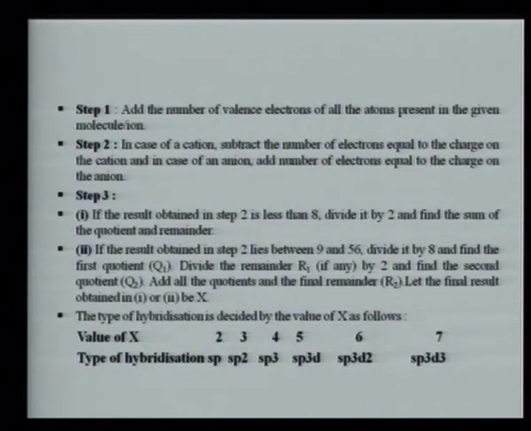Let the final result obtained in 1 and 2 be X. The type of hybridization is decided by the value of X as follows. Value of X 2 gives sp, 3 gives sp2, 4 gives sp3, 5 gives sp3d, 6 gives sp3d2, and 7 gives sp3d3.